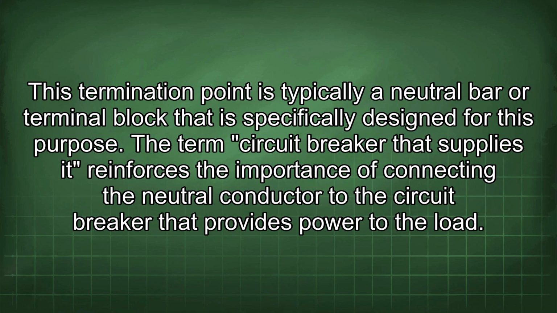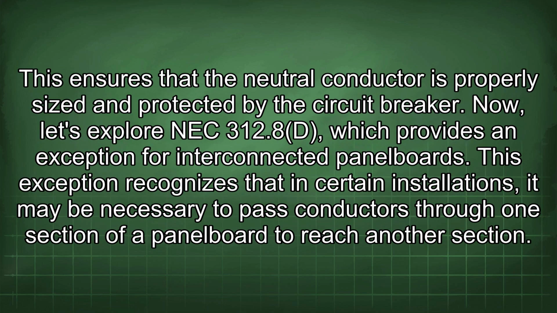This termination point is typically a neutral bar or terminal block that is specifically designed for this purpose. The term circuit breaker that supplies it reinforces the importance of connecting the neutral conductor to the circuit breaker that provides power to the load. This ensures that the neutral conductor is properly sized and protected by the circuit breaker.